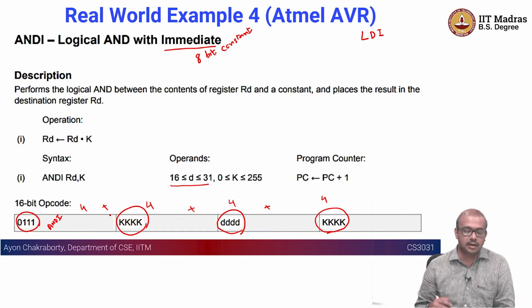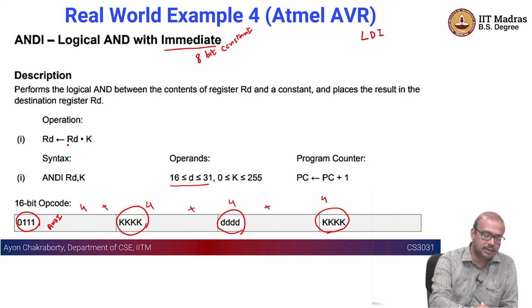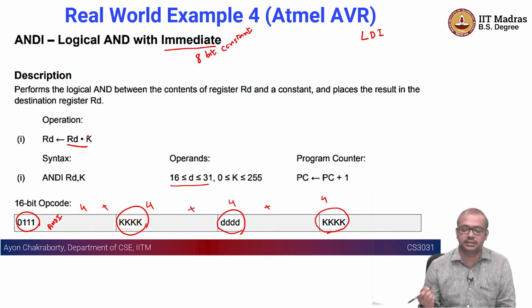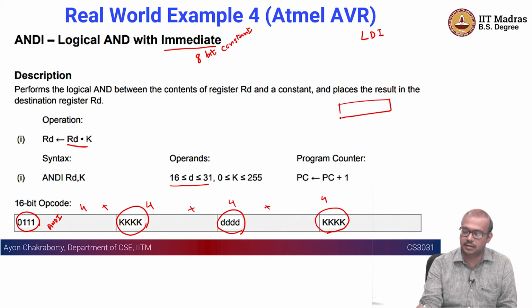So here RD contains some value, and you are putting an 8-bit constant, and you want to do an AND operation of that, and write the result in the destination register, right? I'm not going into the detail. It's very simple. Whatever 8 bits you have in RD, and K is also going to have 8 bits.